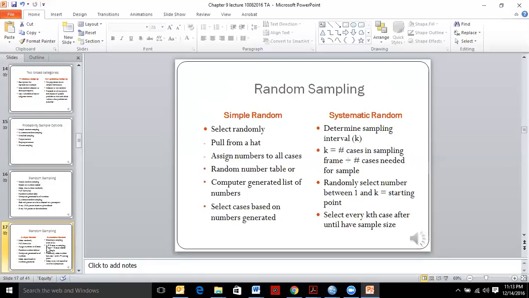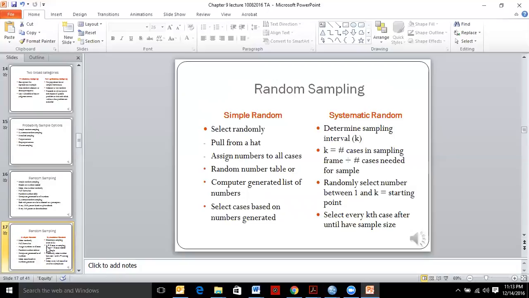And in systematic random sampling, we decide on the interval, and the interval is the number of cases in the sampling frame over the number of cases needed for the sample.